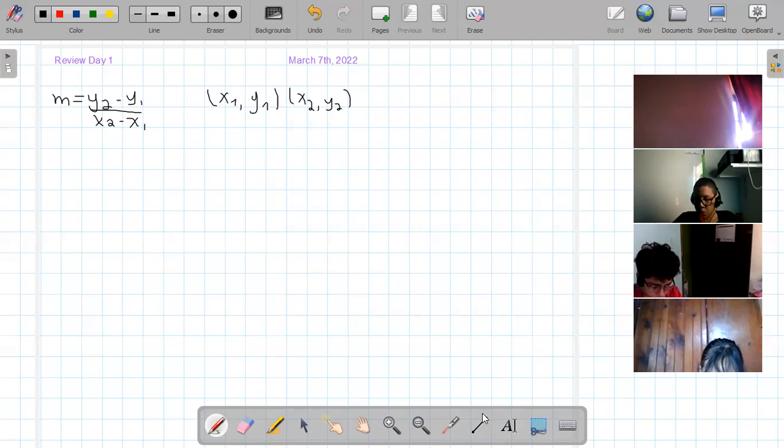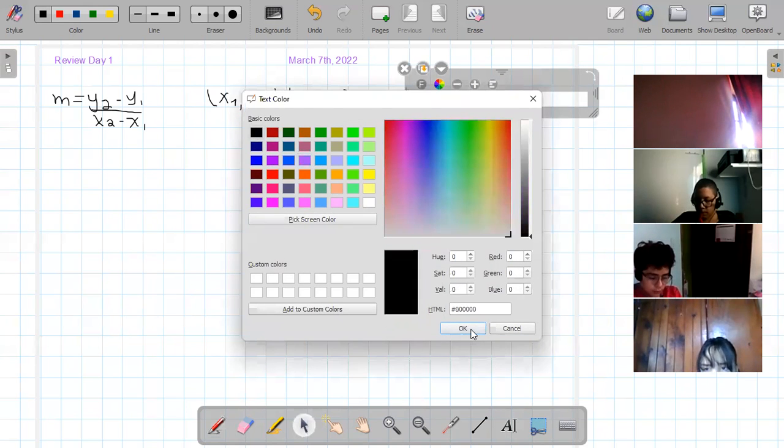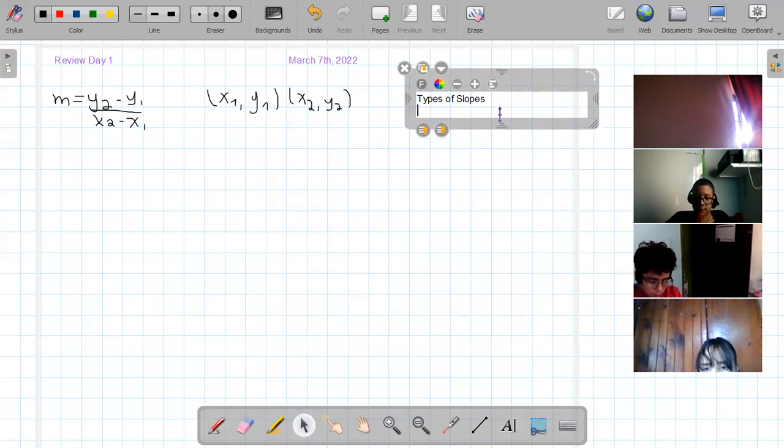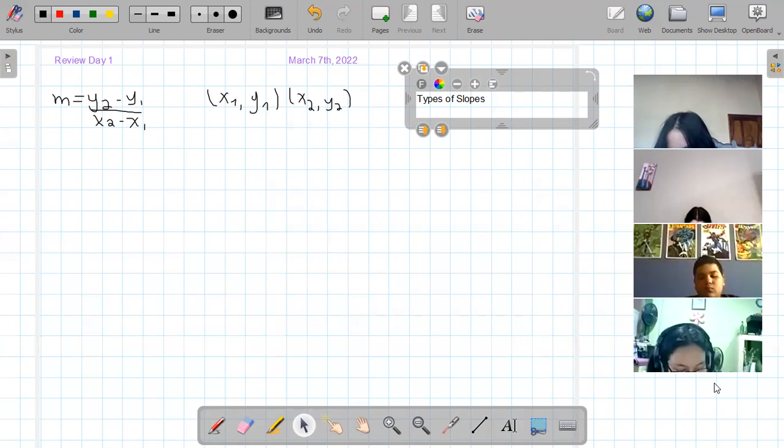And remember, how many types of slopes do we have? One, two, three, four types of slopes. Which ones are they?